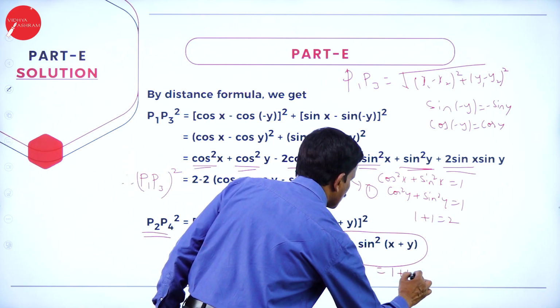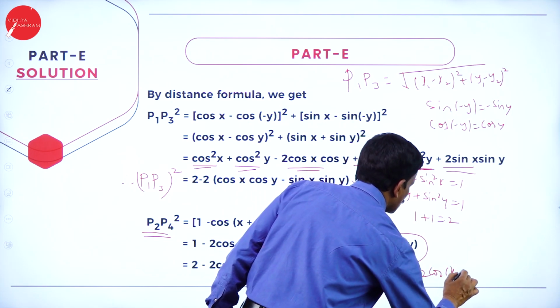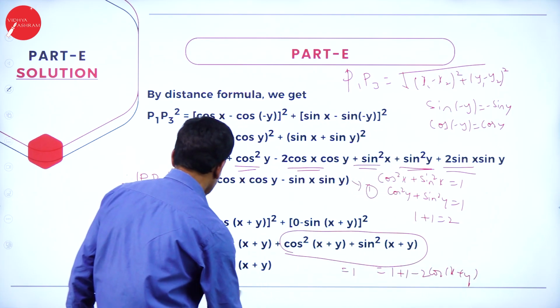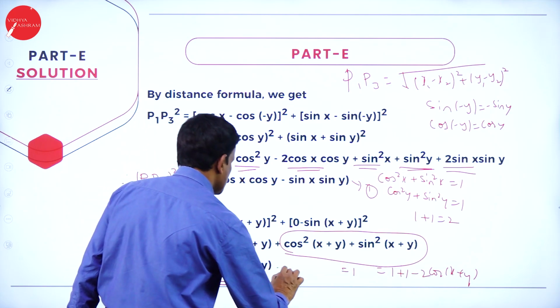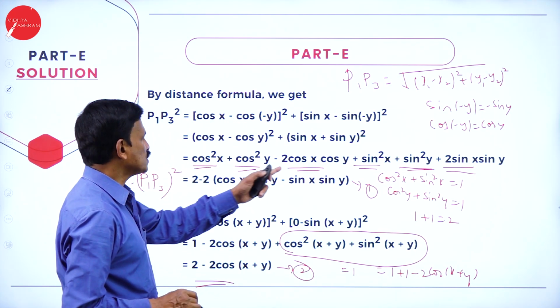So 1 plus 1 minus 2 cos(x+y), and 1 plus 1 is 2. So this is equal to 2 minus 2 cos(x+y). Let us represent this as equation number 2. So what is equation 1?